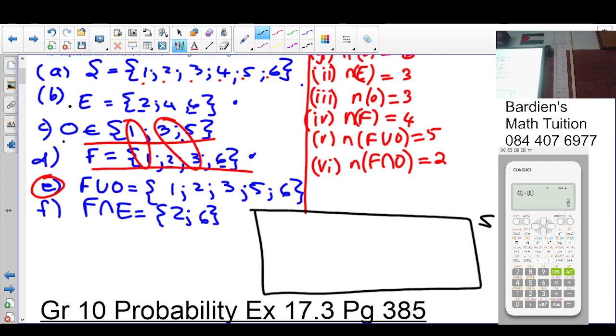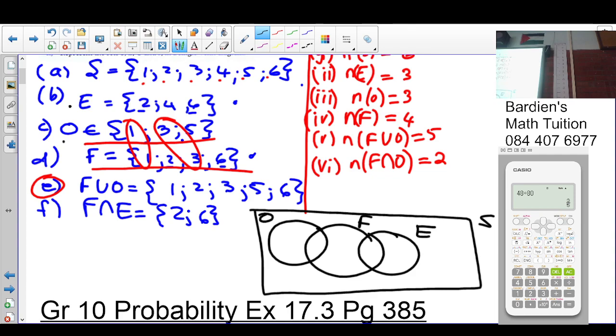No, they are disjoint. Can you see that? Why? Because there's no element that belongs to O and E. However, E and F are joined and O and F are joined. So if I draw this, the one that is joined to both is F. O is disjoint from E.